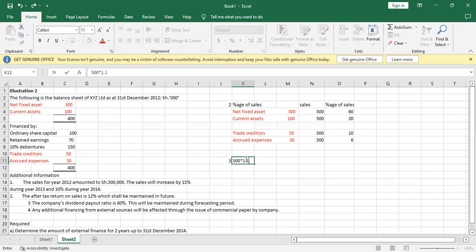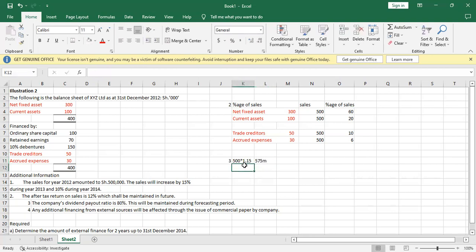That is like 1.1. So that will give me 500 multiplied by 1.15. It's 15%. So that is giving me 115 over 100, that is giving me 575. So I get 575 million.